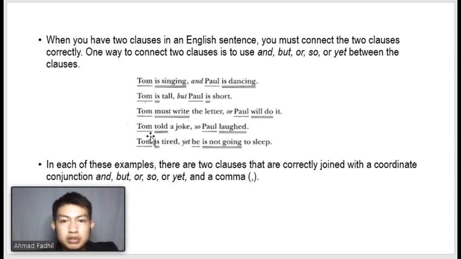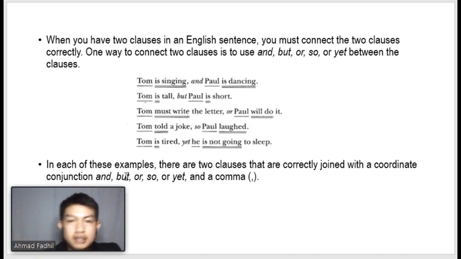This is: Tom told a joke, so Paul laughed. So this has a relationship from the first clause to the second clause. So Tom told a joke, so Paul laughed.